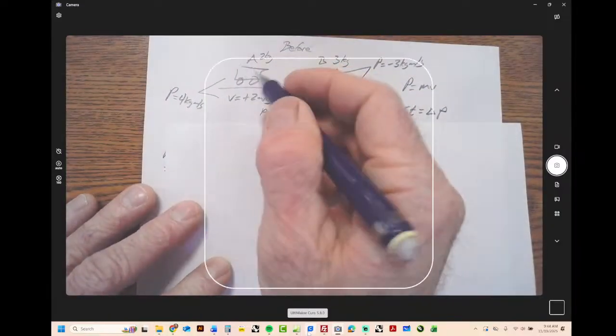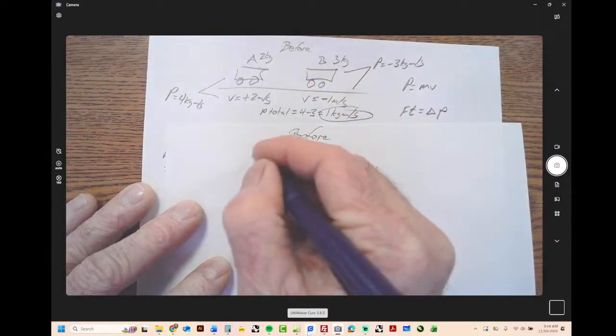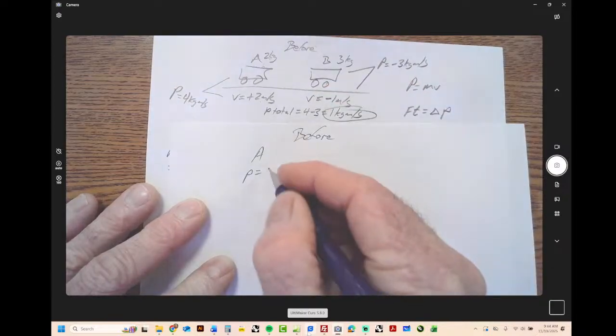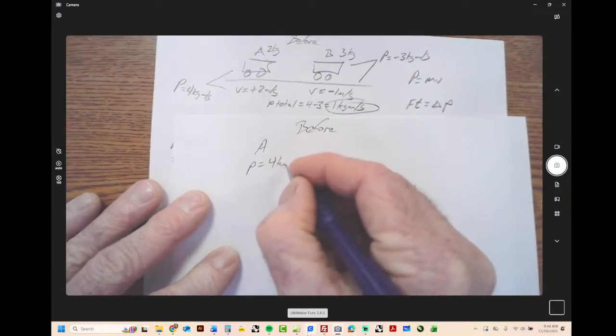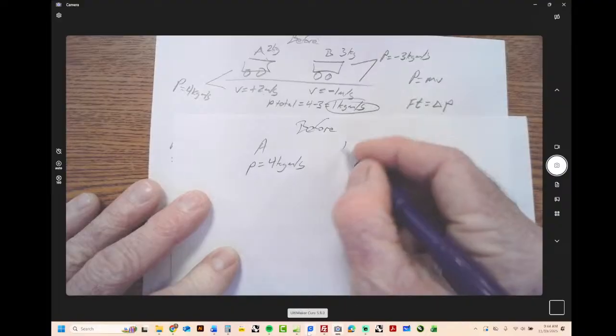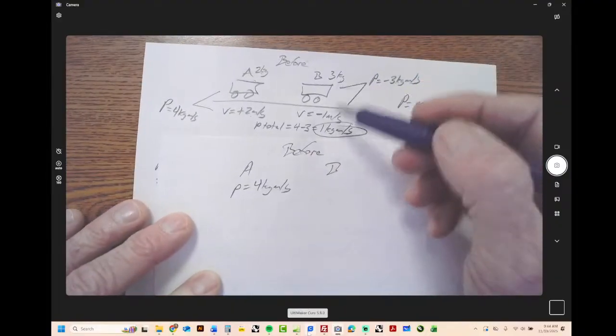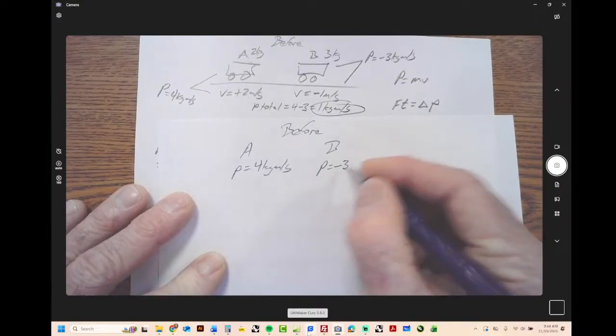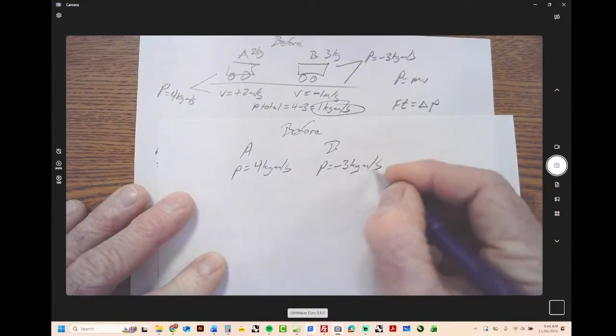So before the collision, this cart, A, has a momentum that equals 2 times 2. So its momentum is 4 kilograms meters per second. And B has a momentum of 3 times negative 1. So its momentum equals negative 3 kilograms meters per second.